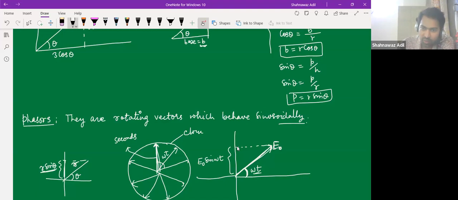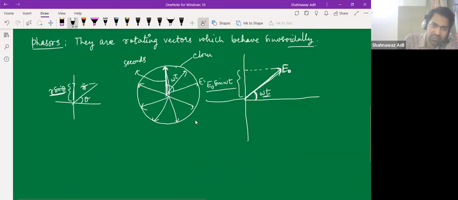So the vertical component, when you drop this phasor vector on the y-axis, will give you the instantaneous voltage, right? So what are phasors? Phasors are rotating vectors which behave sinusoidally, right?